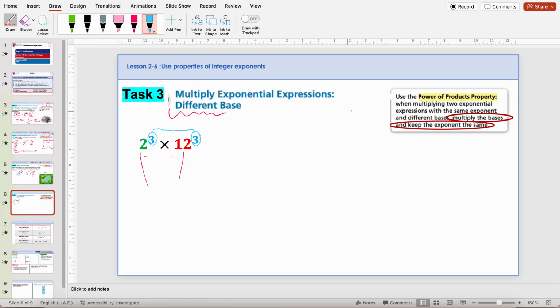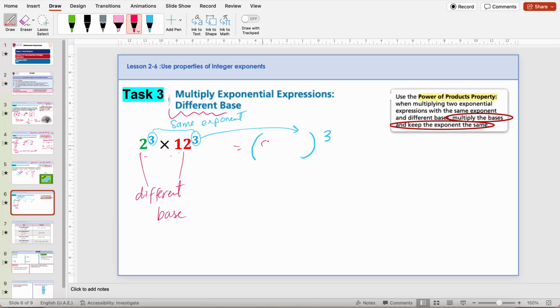But we're talking about this property. They must have same what? Not base, same exponent. And what can you see? Different base. So if you have this case, you're gonna take the exponent out, 3, and multiply what?